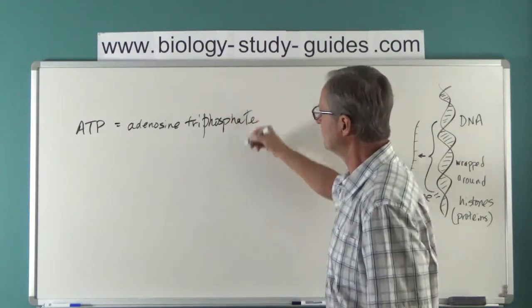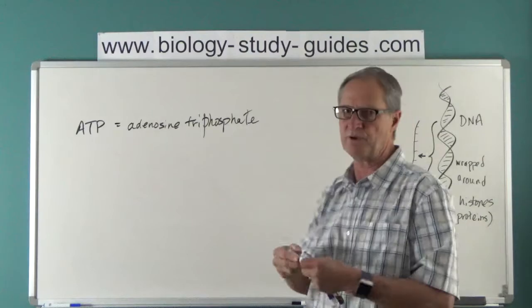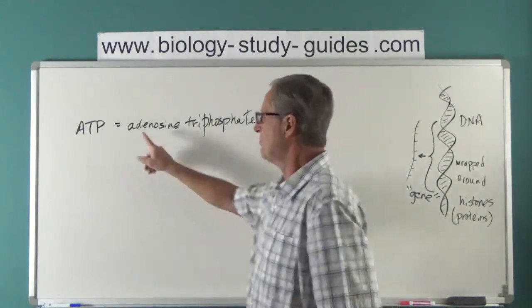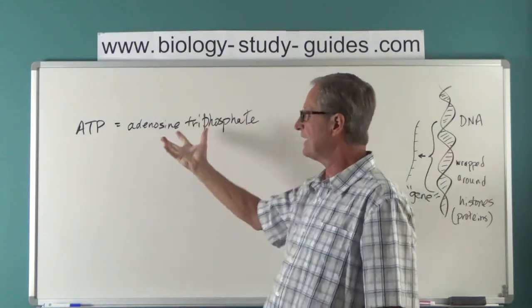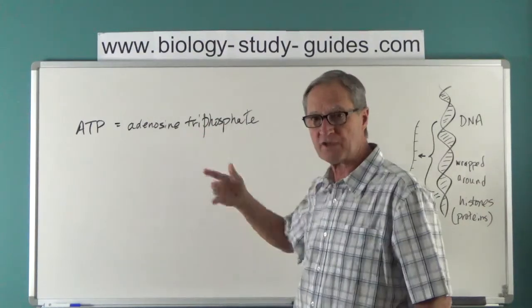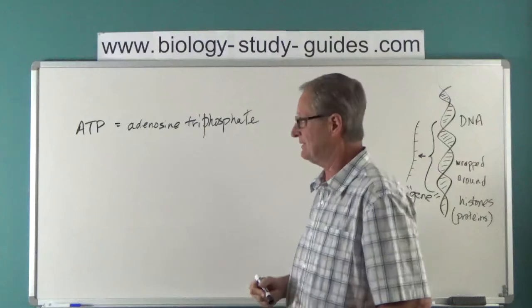So if we look at the word adenosine triphosphate, we just about have what we were talking about. It almost looks like adenine and phosphate. It's almost like a base and three phosphates. That's what it is, basically.